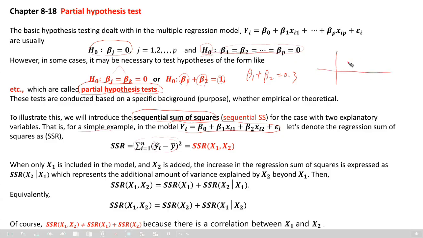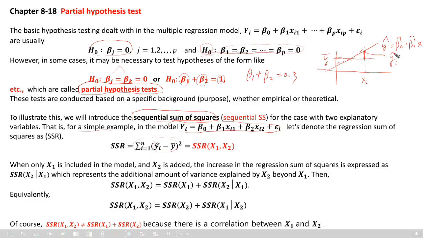When we get data and we get a line here, y hat equal to beta 0 hat plus beta 1 hat x, then there will be y bar here. Then some value here is yi hat, where xi is here, and you get yi hat on the line.